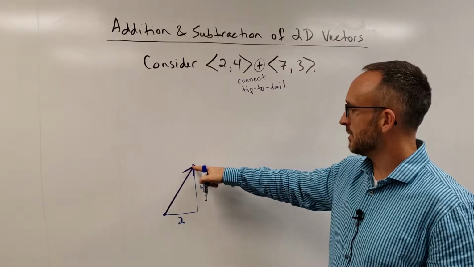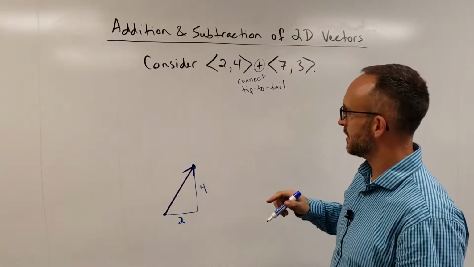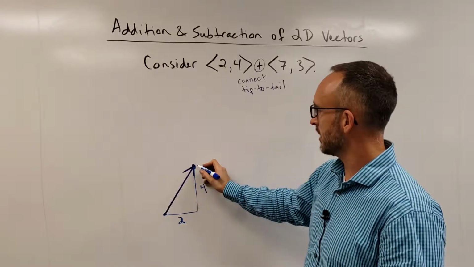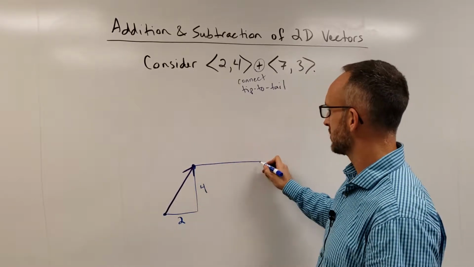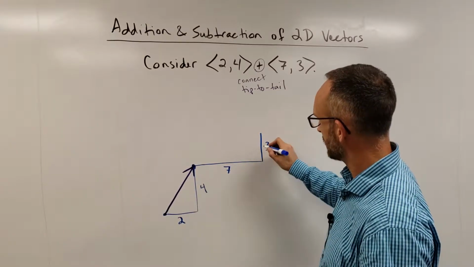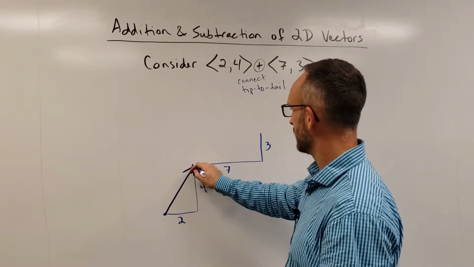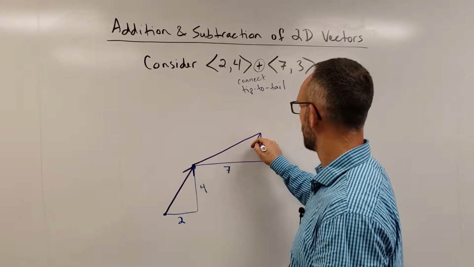So right here is going to be the initial point of my 7, 3 vector, or the tail of my 7, 3 vector. So from this point, I'm going to travel right 7 units. I'll make that approximate, and I'll travel up 3 units. Maybe it looks like that. And so the 7, 3 vector looks something like this.